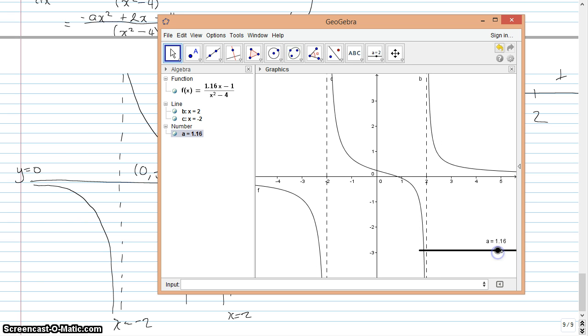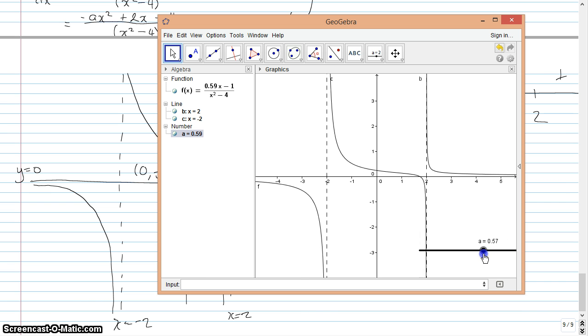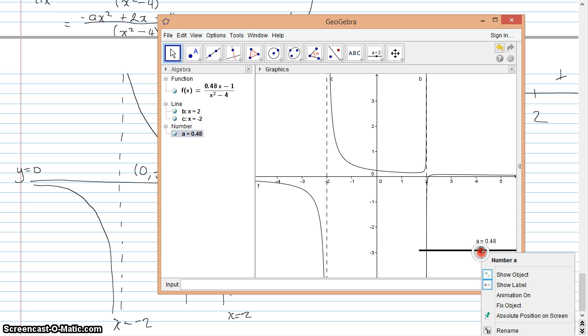So that leads us to naturally wonder, what happens if I actually broke that restriction? What happens if I choose an a, say, smaller than a half but still positive? So look at what happens to this graph as I go to exactly equal to a half, something again very interesting happens.